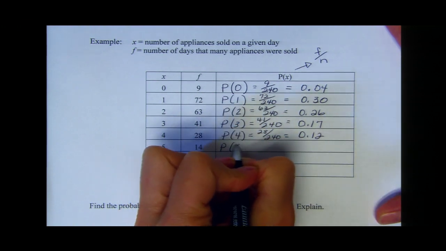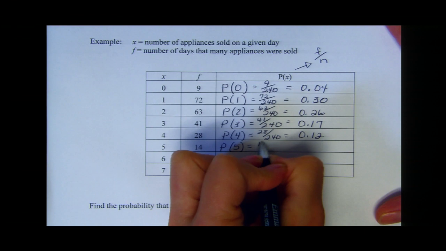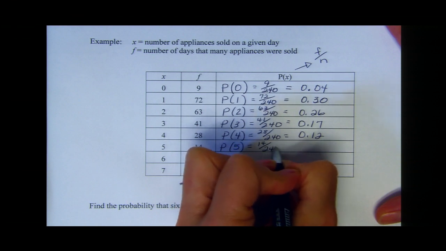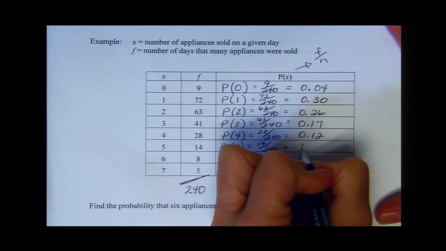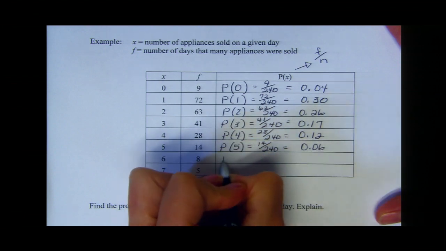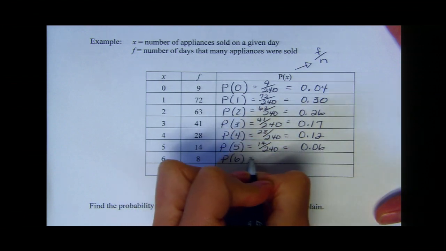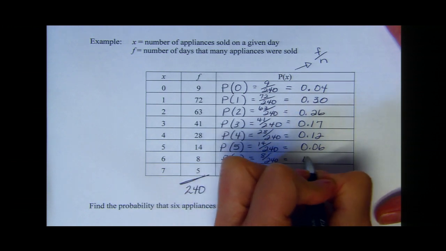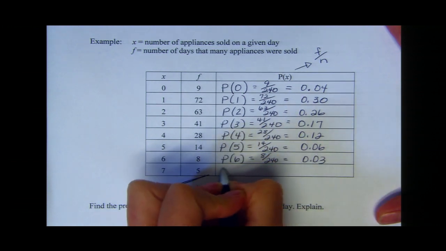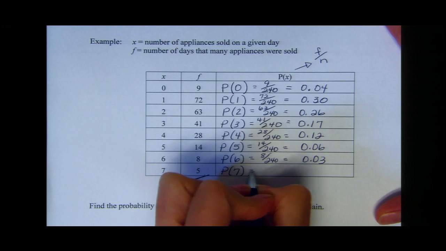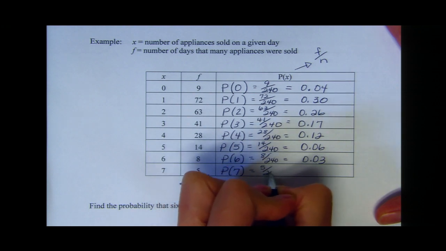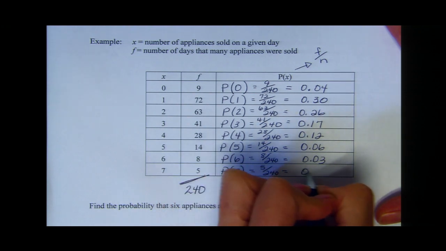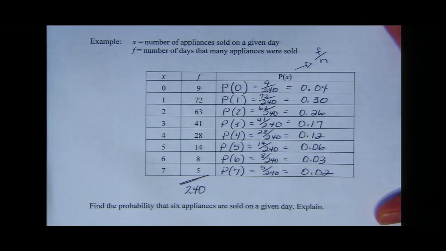The probability of 5 is 14 over 240, which is 0.06. The probability of 6 appliances would be 8 over 240, which would be 0.03, and the probability of selling 7 appliances is 5 over 240, which is 0.02.